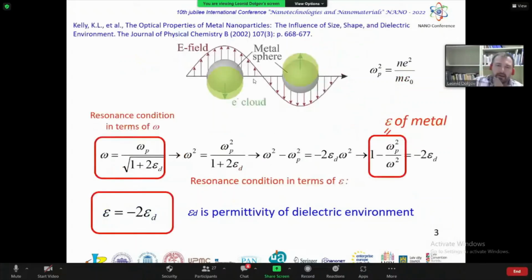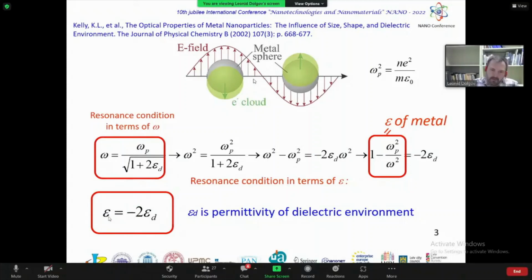When I talk about plasmon, what I mean is that when the frequency of incident light becomes very close to the plasma frequency of free surface electrons in the metal nanoparticle, this relation can also be written in terms of permittivities, which I like more.